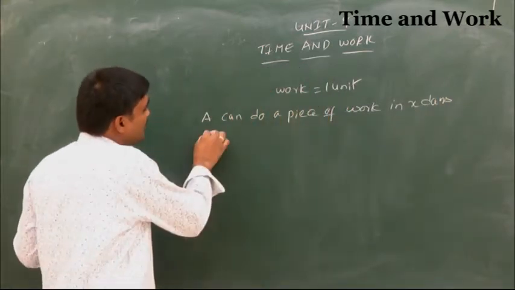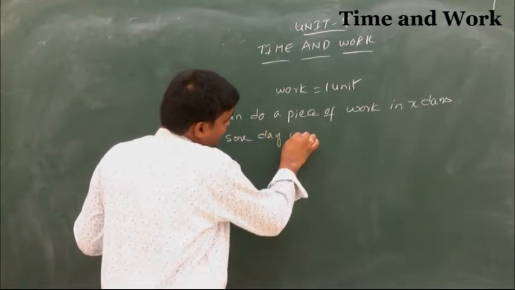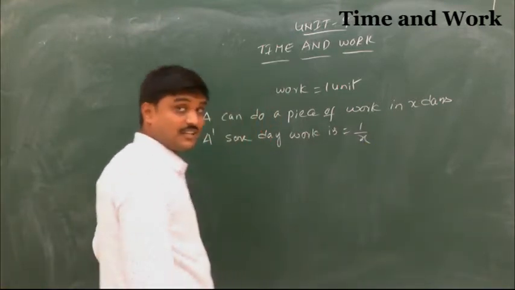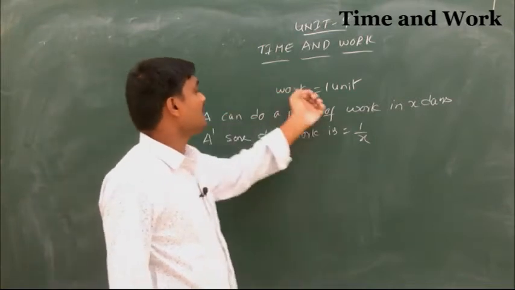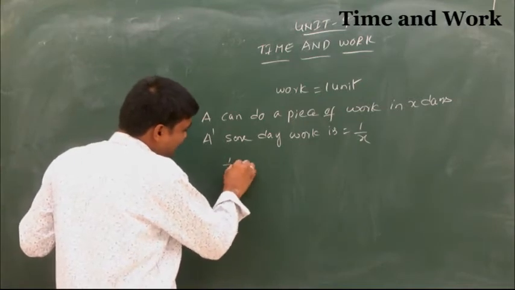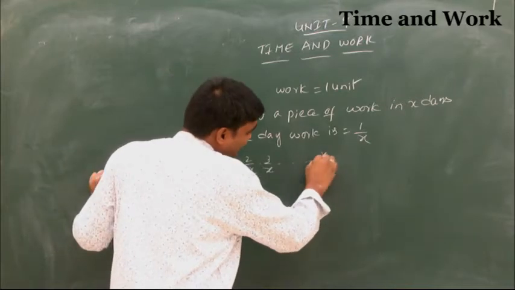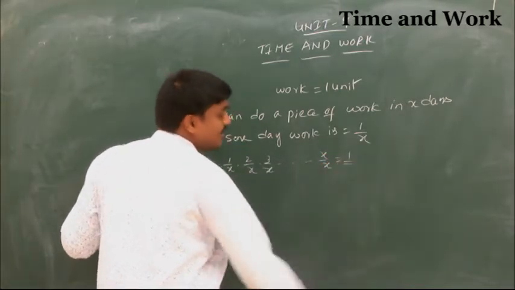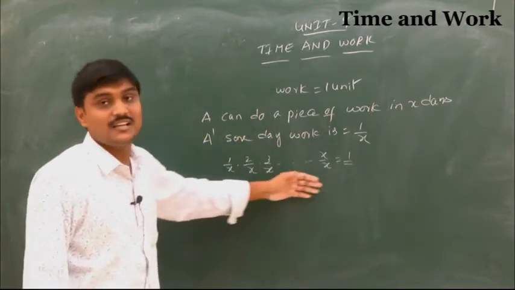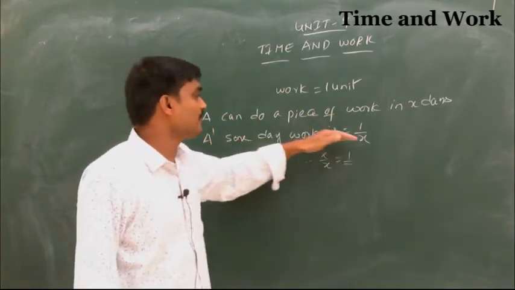So A's 1 day work is 1 by X. That means work you can take 1 unit. So A's work is first day 1 by X, second day 2 by X, third day 3 by X, then Xth day X by X, the work will be completed. Because X by X equals 1, that means work will be completed. So A can do a piece of work in X days, A's 1 day work is 1 by X.